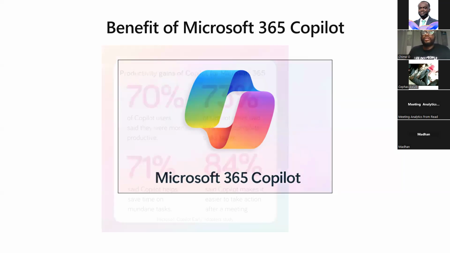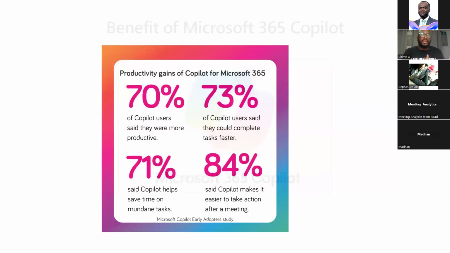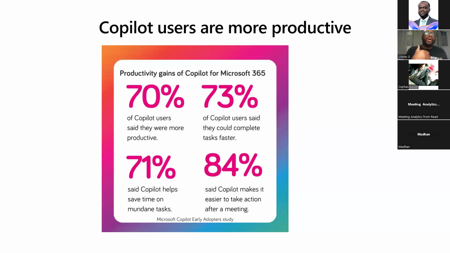I first mentioned how Copilot users, from the first study when this first came out, they looked at the early adoption. What are the percentages, right? So they did a survey. How are Copilot users, are they more productive? Of course they are, right?